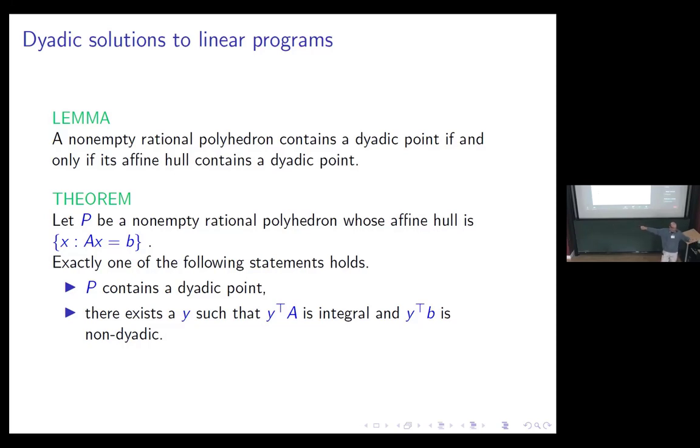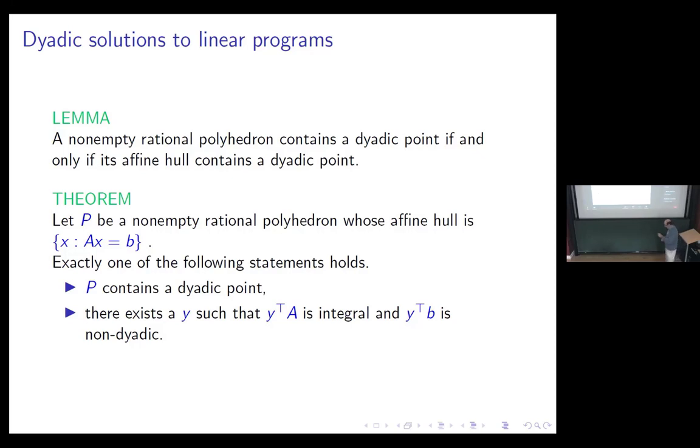And now I can go along this line from my dyadic point to as close as I want to my rational point, using the fact that dyadic points are dense. So I can go along these lines. I have two dyadic points: this original one, and this one plus the integral vector. And in between, it's dense. So that's basically why I can find a dyadic point within the polyhedron.